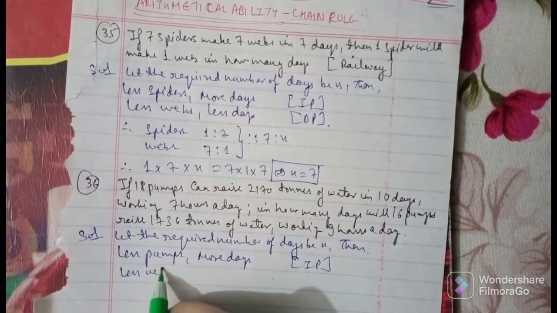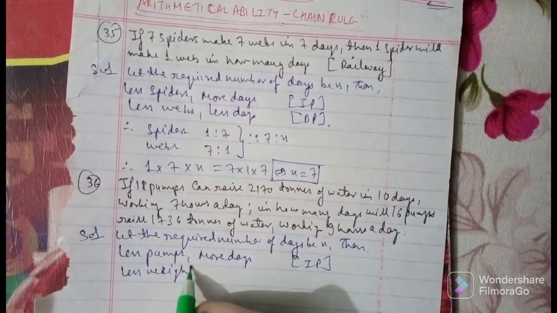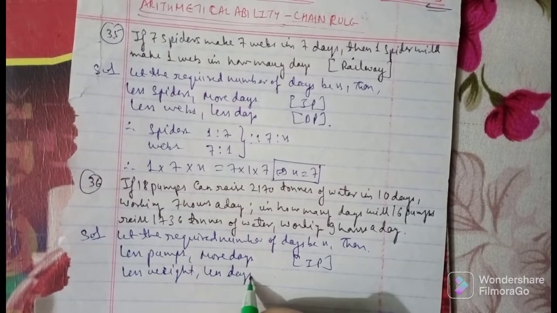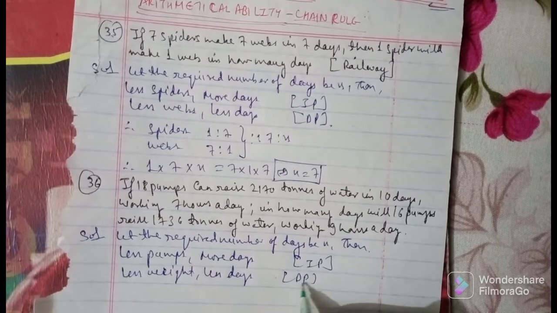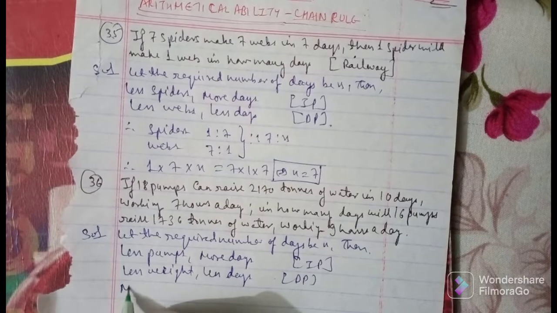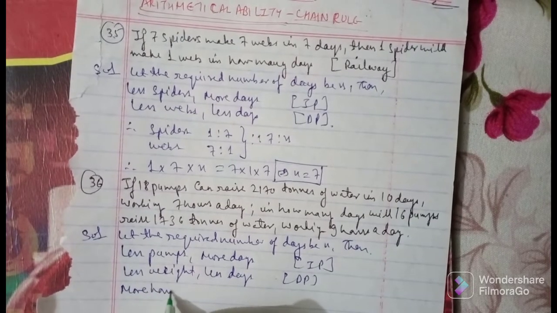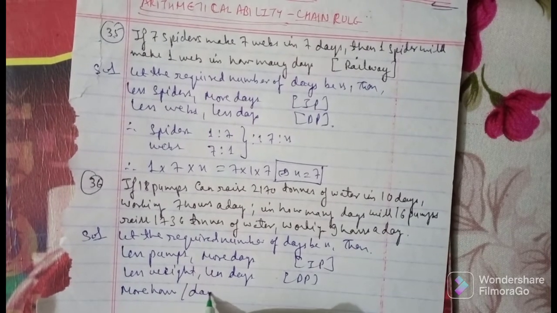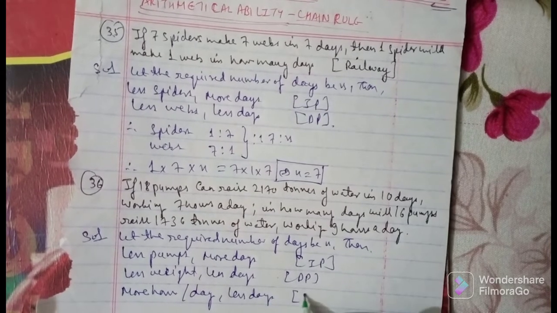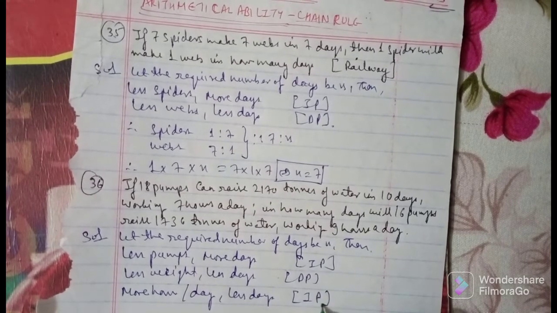Less water, less days. Direct proportion. More hours per day, less days. This also comes under indirect proportion.